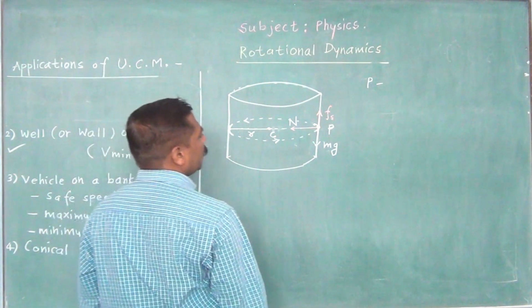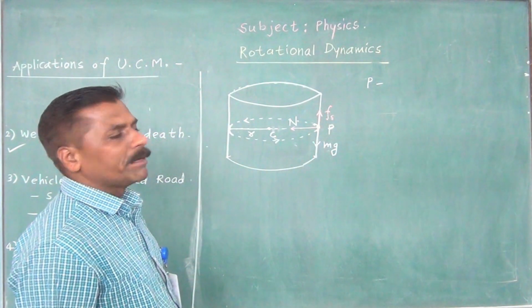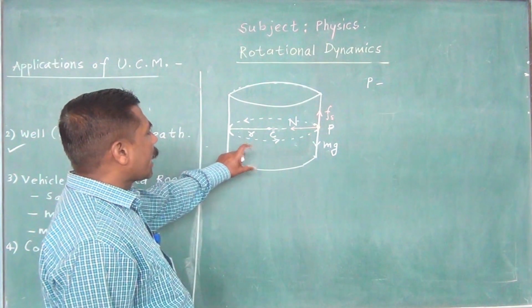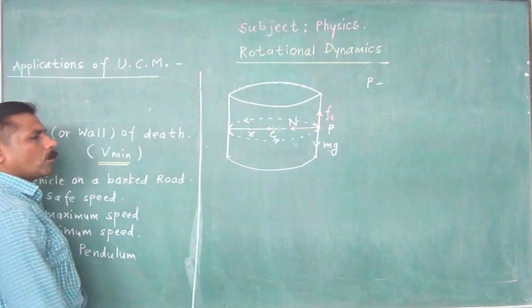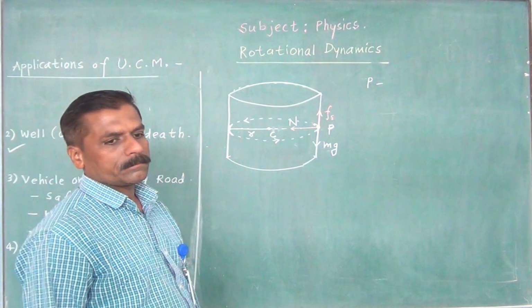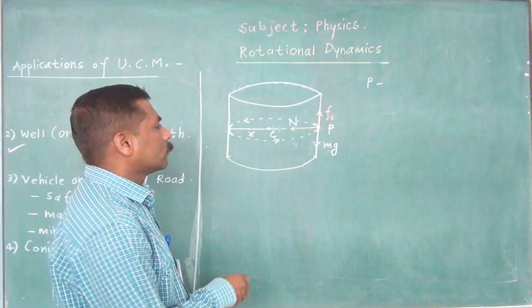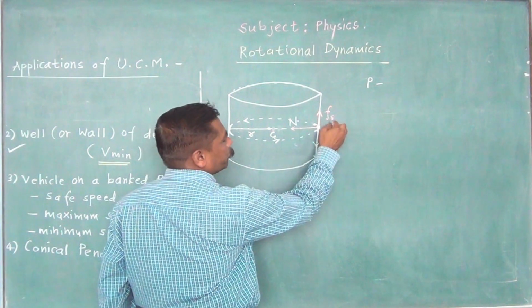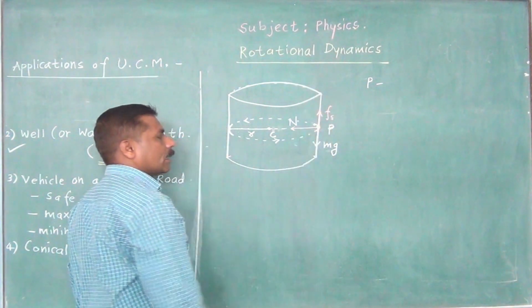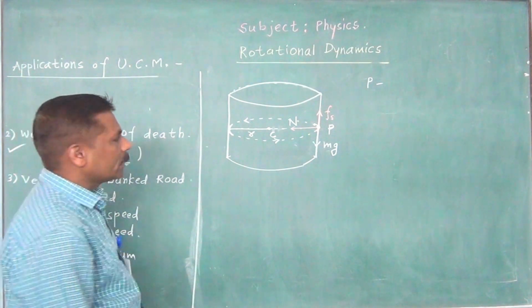So from the figure we can make certain equations which will help us find the minimum speed or minimum velocity. From the diagrammatic representation, we know this weight, which is acting vertically downward, and this force of static friction, which is acting in the upward direction, will get balanced.